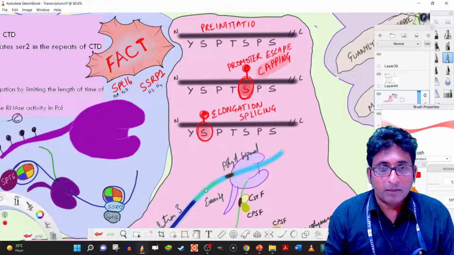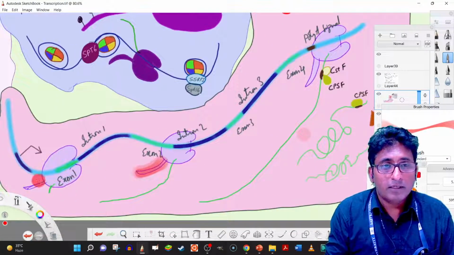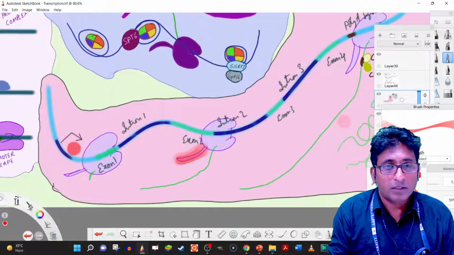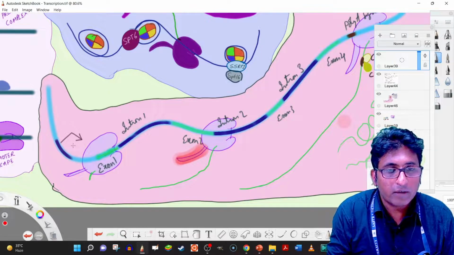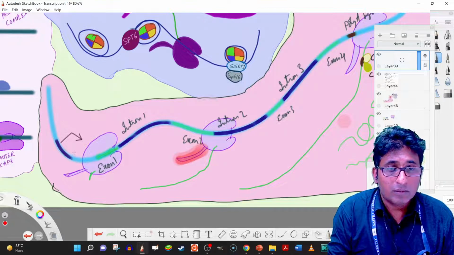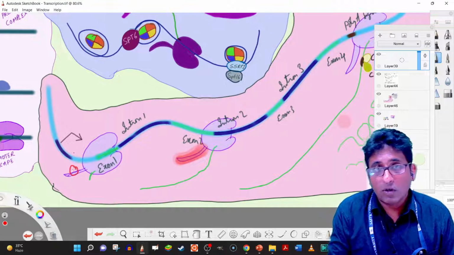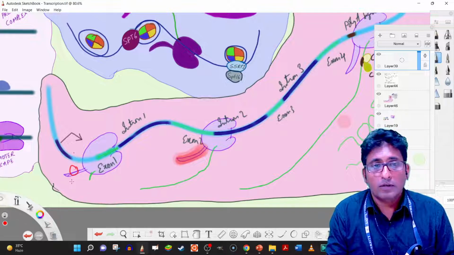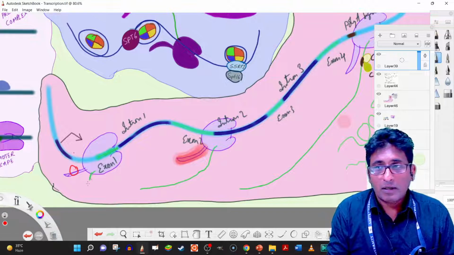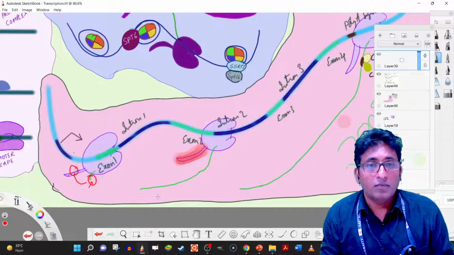At this stage we can assume that we have promoter escape, and then the capping enzymes hop onto the tail based on the 5th serine phosphorylation. As soon as the mRNA is coming out, the enzyme hops onto it and starts capping the 5' end.